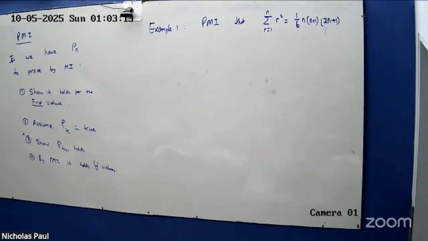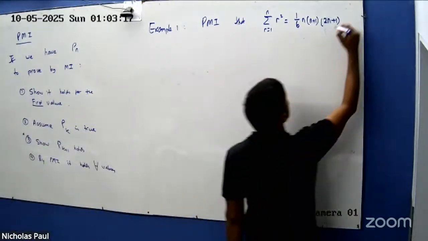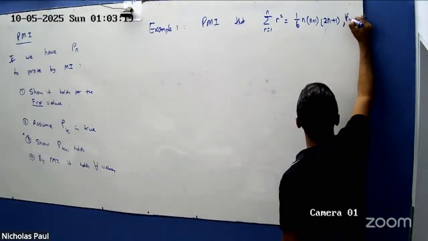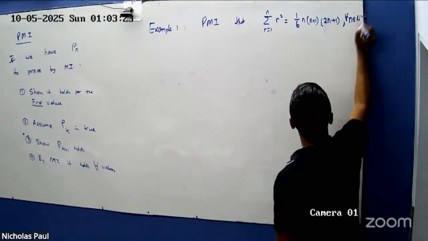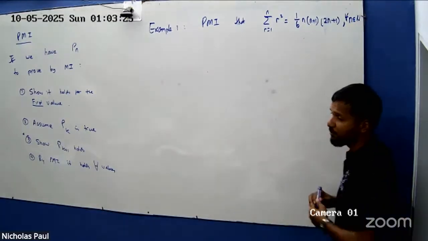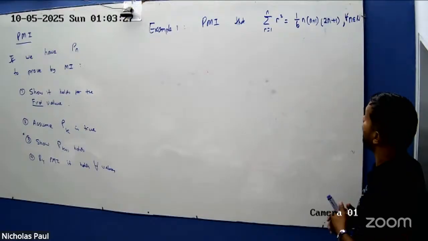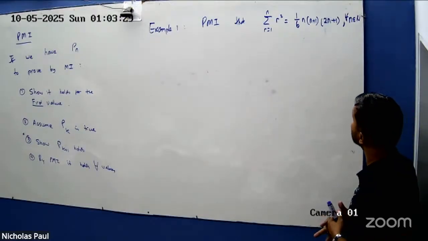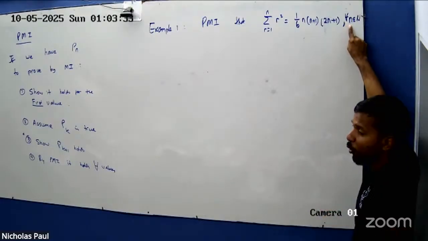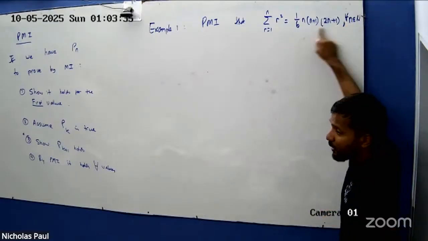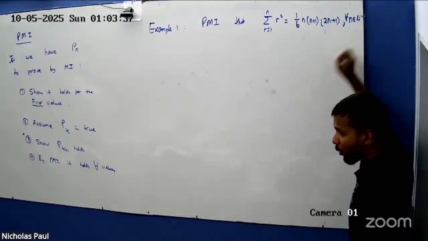All right, let's go. So here, of course, we're using for all n, n is a natural number, right? So the first value here we could use is 1. This just means for all n, all the values here belong to natural numbers: 1, 2, 3, 4, 5, 6.